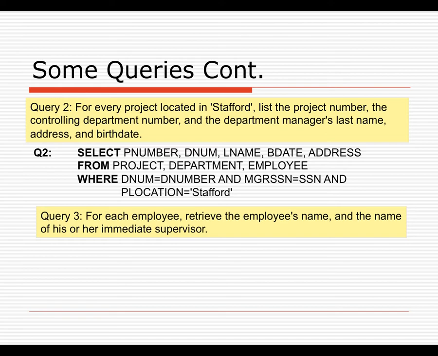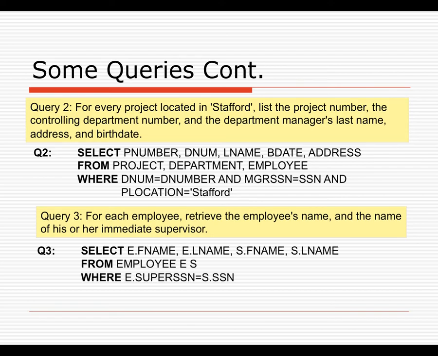And I'm pulling from 3 tables without using joins. So I'm pulling from project, department, and employee. Now what you're going to see in the conditions from a where perspective, I'm going to be pulling and tying different components together. So I want department number and manager social security number and social security number to match, as well as location equals Stafford.